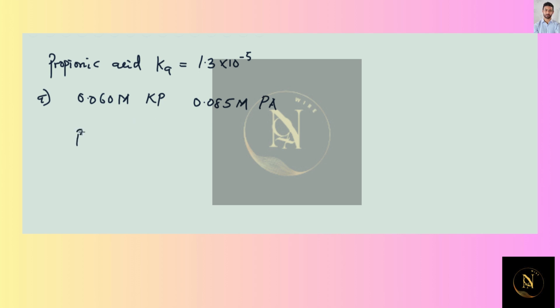So we know pH is pKa plus log of the potassium propionate concentration divided by the propionic acid concentration.